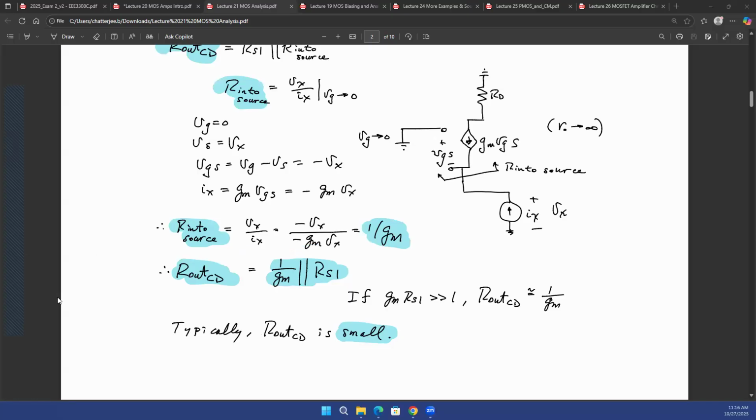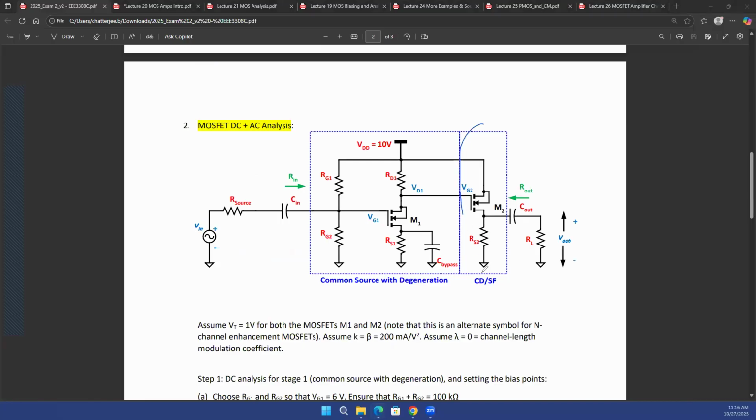So now if we go back to your exam problem, your second stage is this one. Your effective gm for the second stage is gm2 divided by 1 plus gm2 times RS2. That's the effective gm because of the source degeneration. What is the effective Rout? The effective Rout is the Rout looking here.